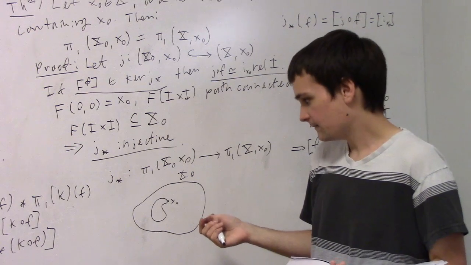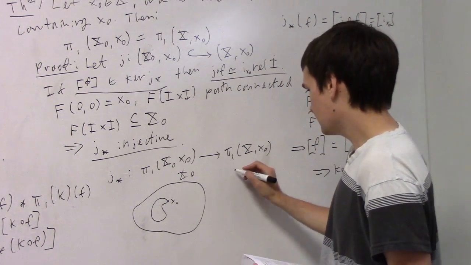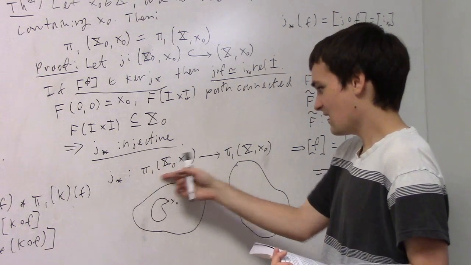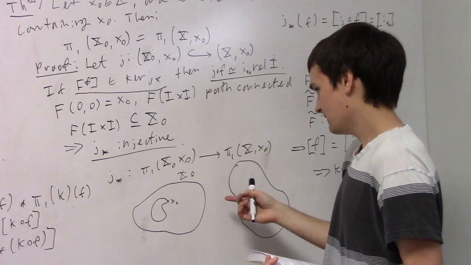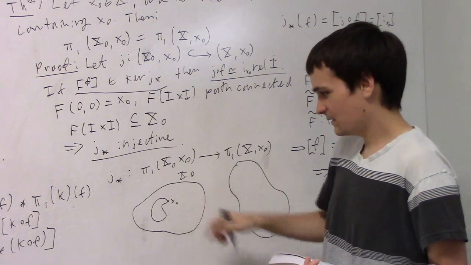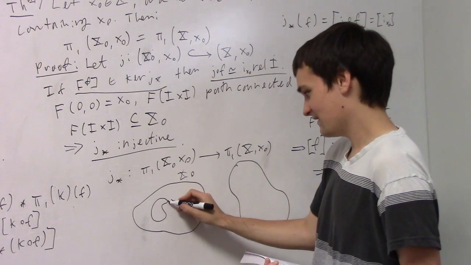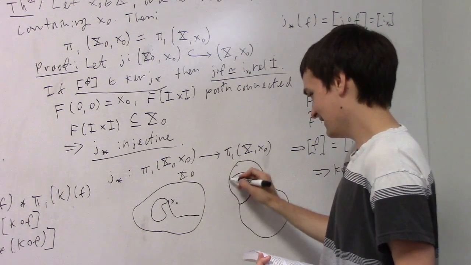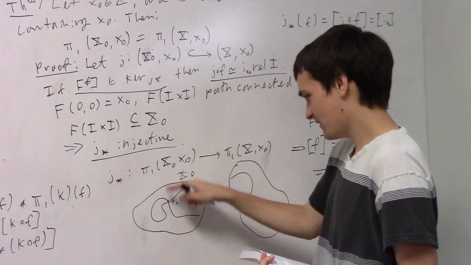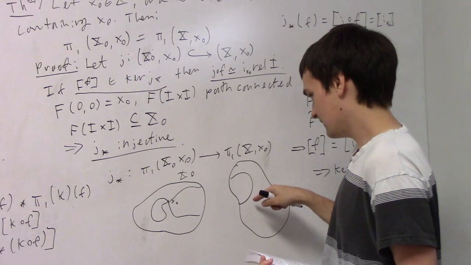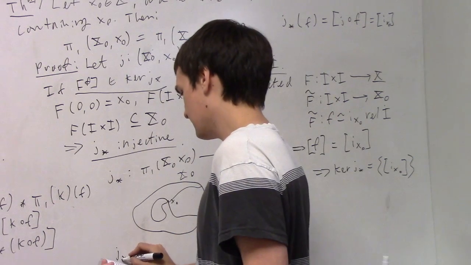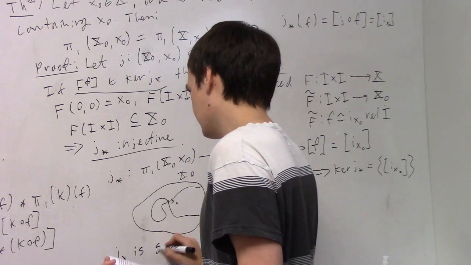If this is another component, everything in here is going to be in here, because it's not possible, for example, to have something like this, because they're paths. So very clearly you can get everything in here, and it's not going to extend to any other path components. So from that you can see J star is surjective.